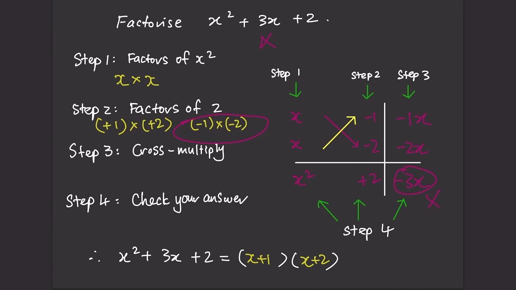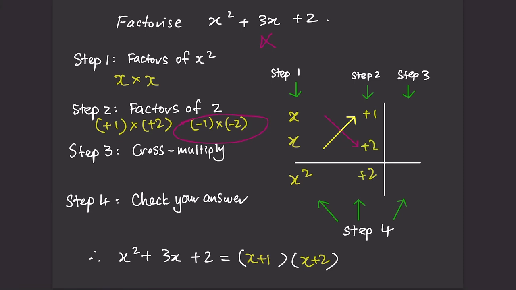Although we already know the correct answer, I'm going to show you what I mean by restart, really literally restart all over. So instead of taking the pair of factors of 2 that has negative sign, we really have to restart and go back to this.